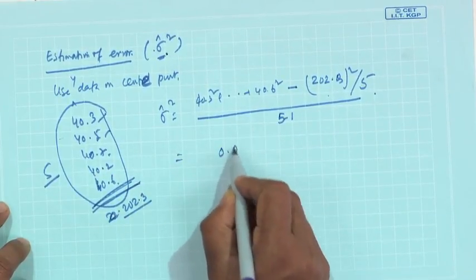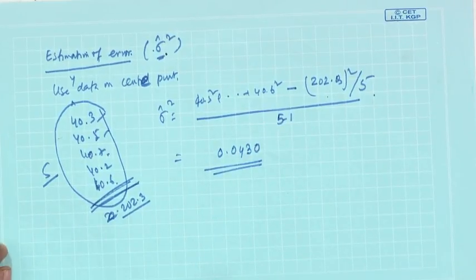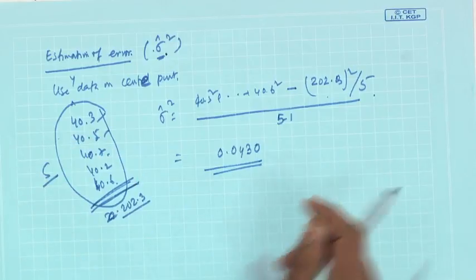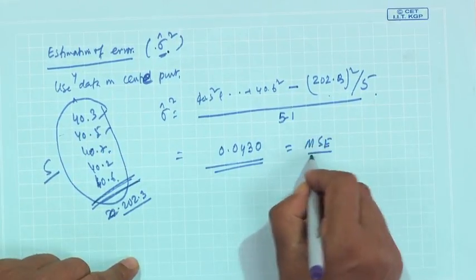This will give you 0.0430. So, this is the estimation of error. This is basically the mean square error.